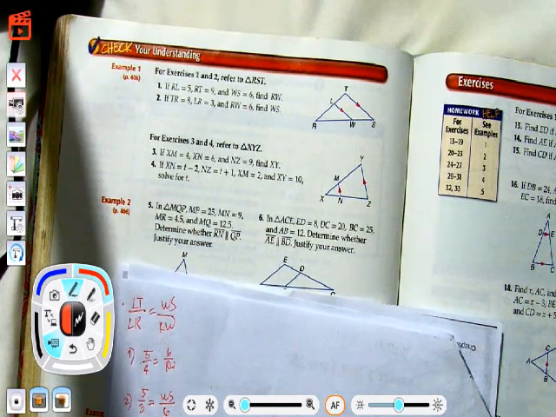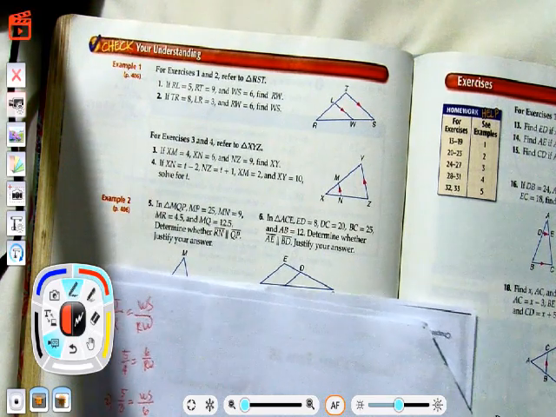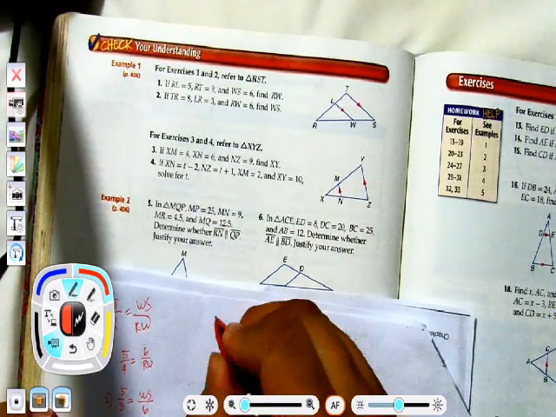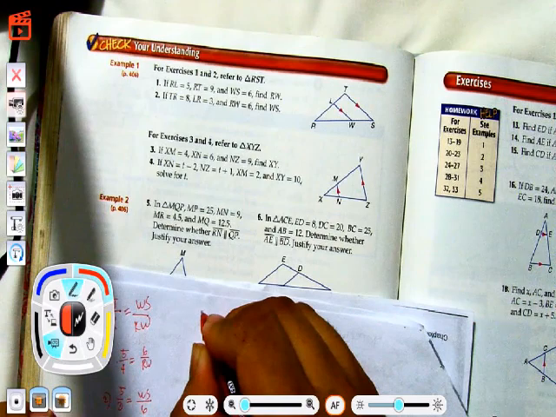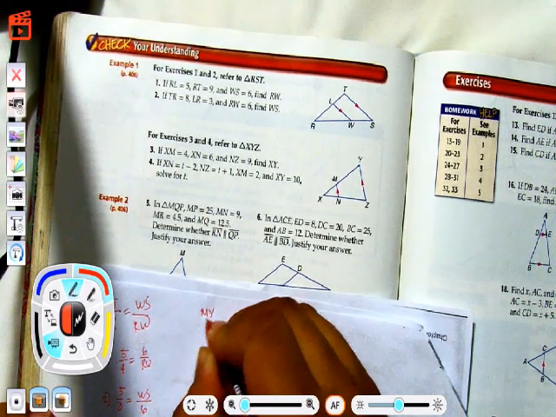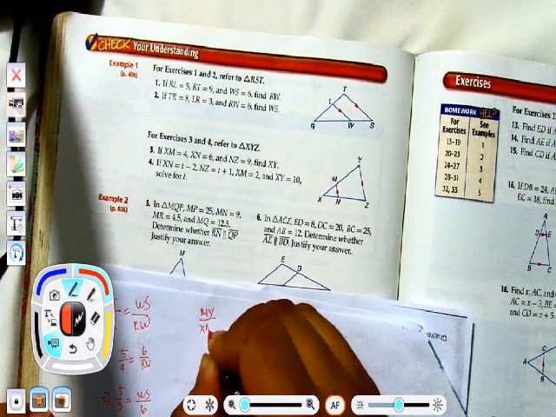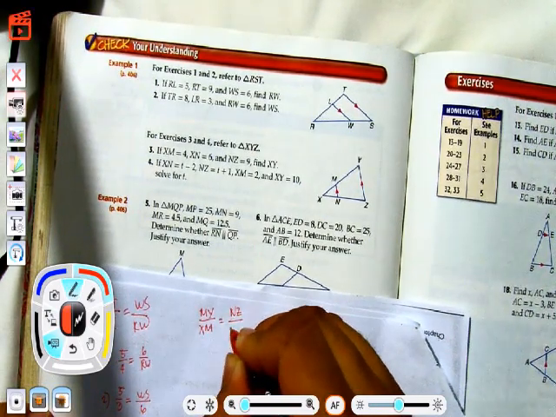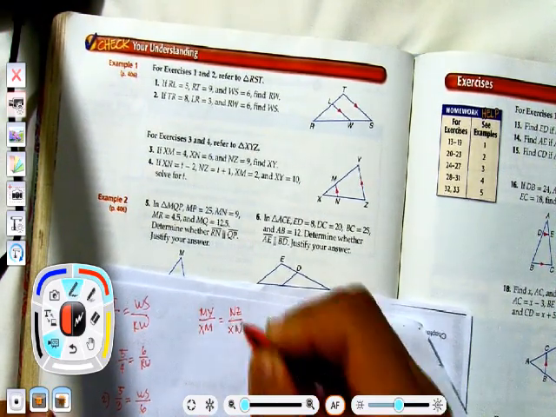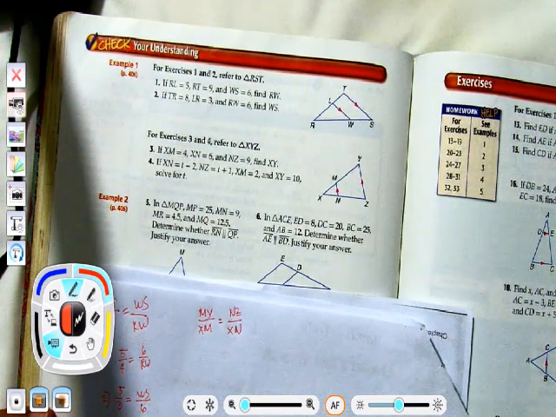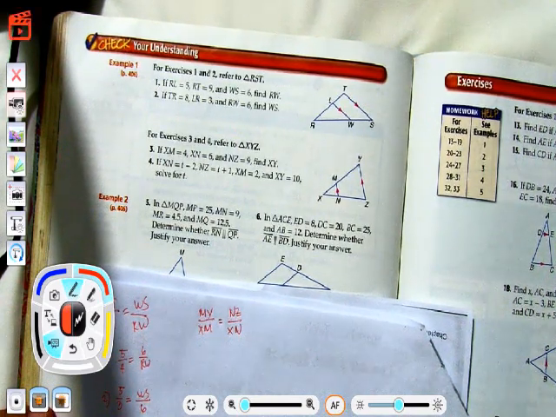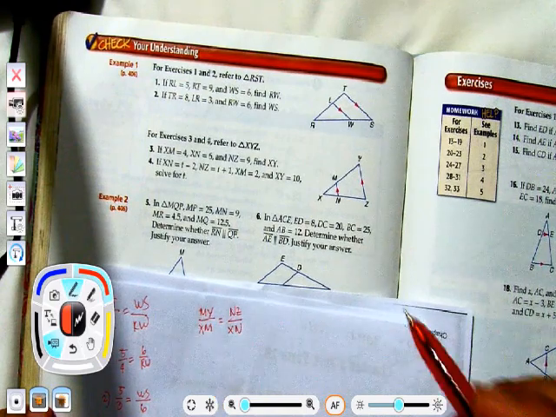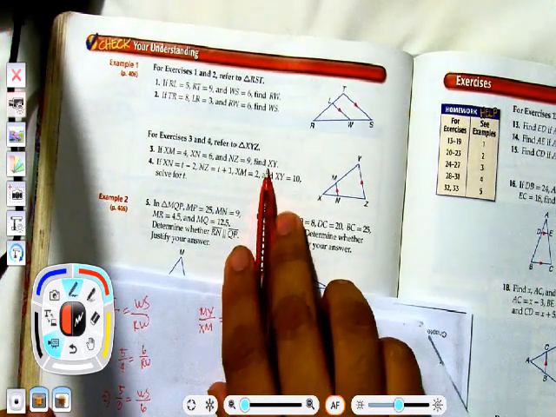Okay, the same idea for 3 and 4. So for 3 and 4, you will be using MY over XM equals NZ over XN. Okay, so in number 3, you are going to find for XY, but there's no XY here.